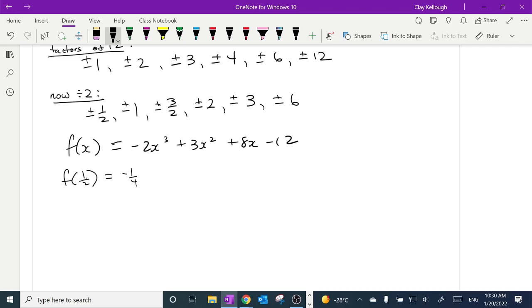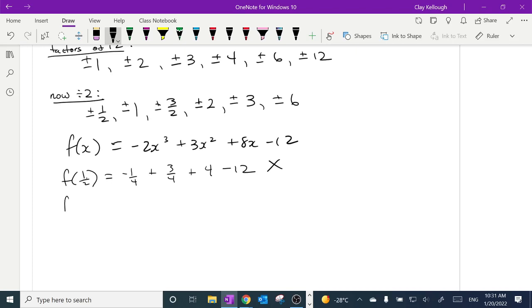That's -1/4. A half squared is 1/4 times 3 is 3/4. 8 times a half is 4 minus 12. You know what? I don't even need the answer. Can you kind of tell that that's not going to make 0? So give up. Nope. X minus a half is not a factor.